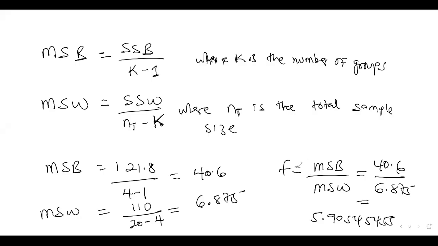All right. Now, having gotten the computed F, our next step is to find the critical F and check whether it falls within the bounds or outside the bounds. Let's assume that we are testing the hypothesis at 5%, so alpha is 0.05.